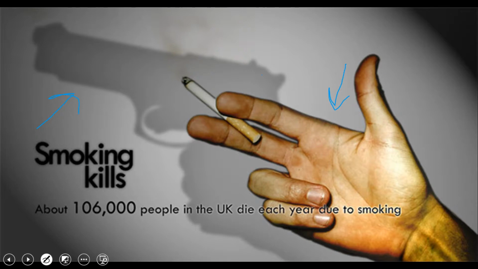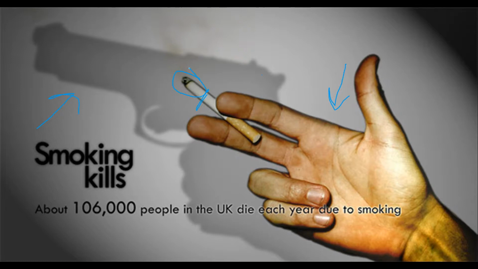And so what we're seeing is this hand that's holding a cigarette is casting a shadow that looks like a gun, which gives you this impression that cigarettes and smoking right here are dangerous in the same way that guns are dangerous, right?